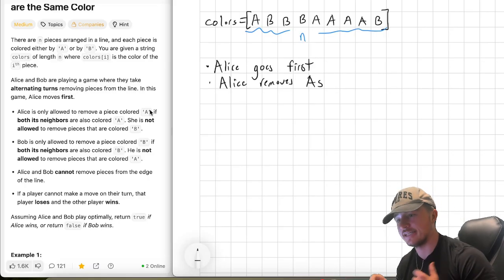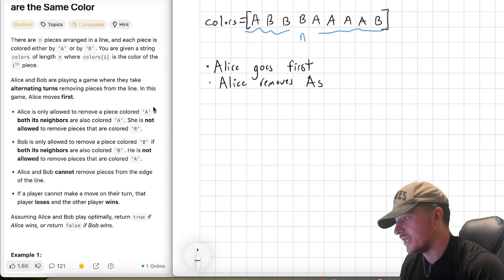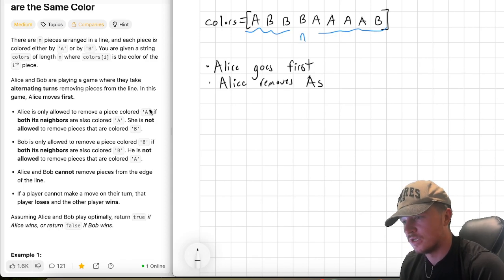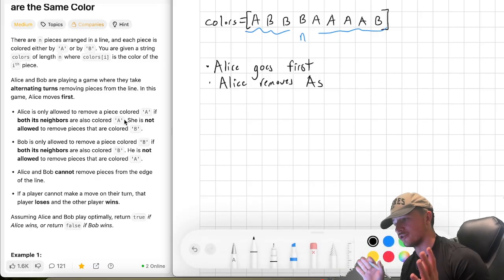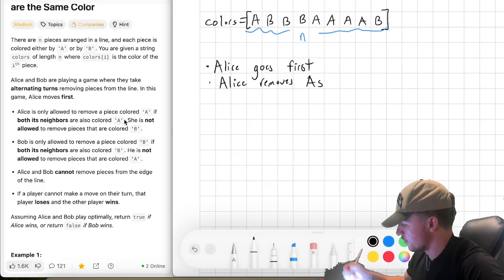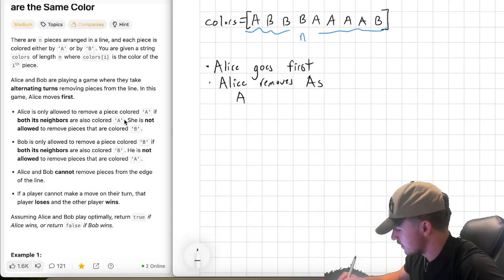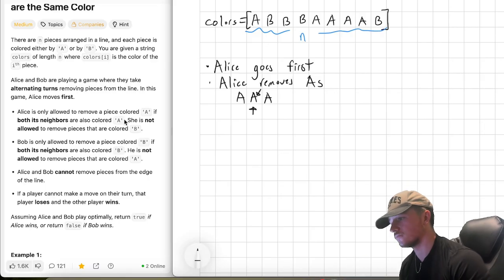So Alice can't touch B's. And she can only remove a piece colored A if both of its neighbors are also colored A. So what that basically means is that both neighbors are A. So she can only remove an A if it's like this. She can remove this A right here.